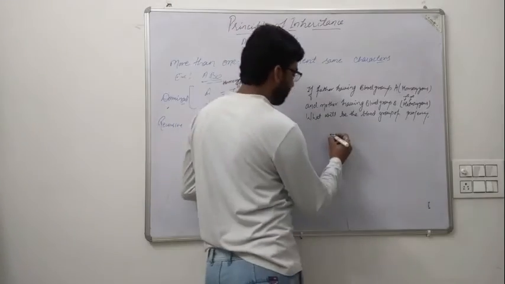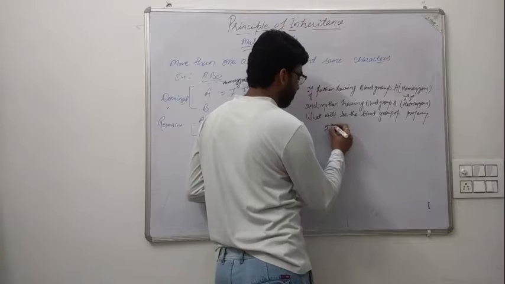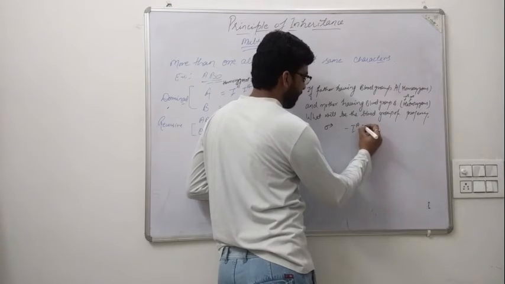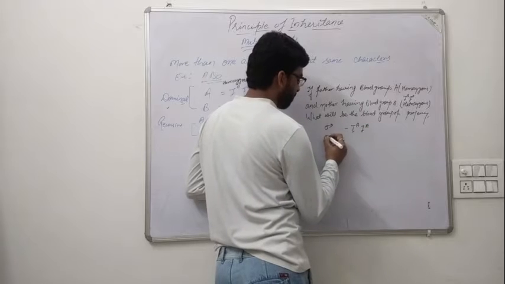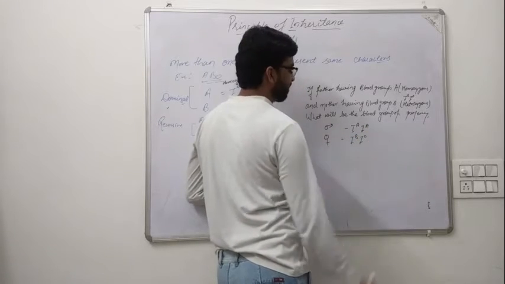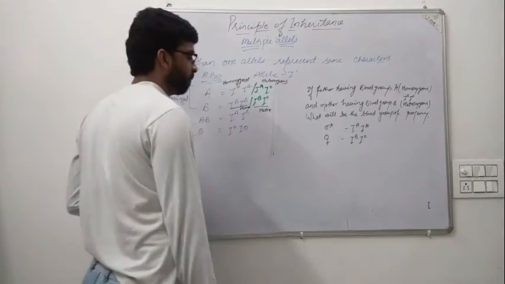So we write the father with blood group A as IAIA, and the mother with blood group B in a heterozygous condition, IBIO.